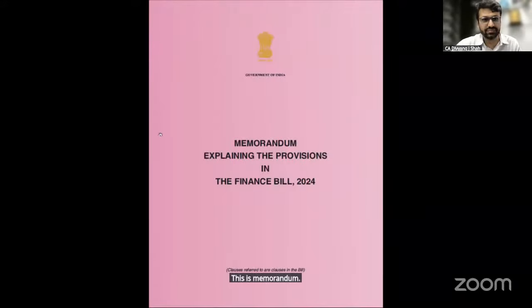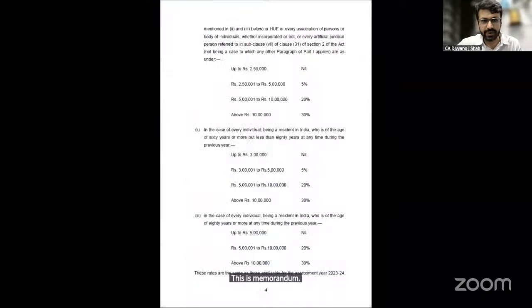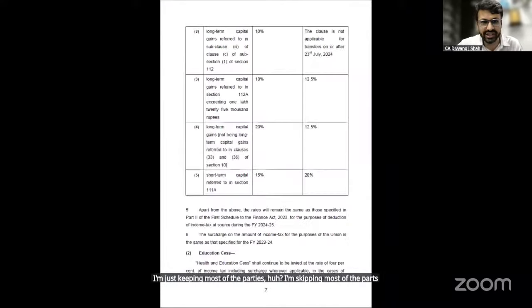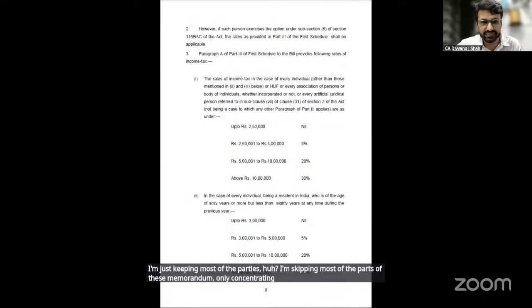This is the memorandum. I'm skipping most of its parts, only concentrating on the relevant part.